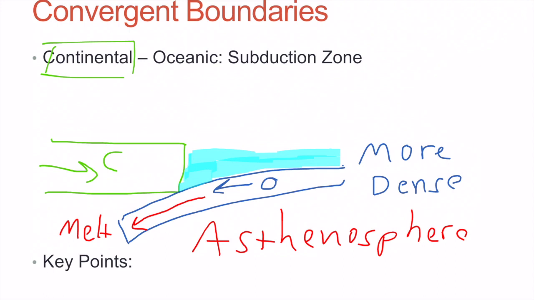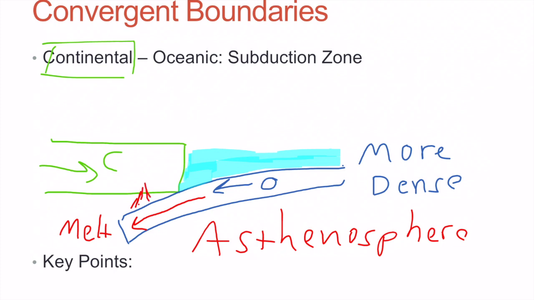And when rock melts, what does it become? It becomes something called magma. So this rock is melting and becoming magma. This liquid hot magma is less dense, it's a liquid, so it's going to start rising up.